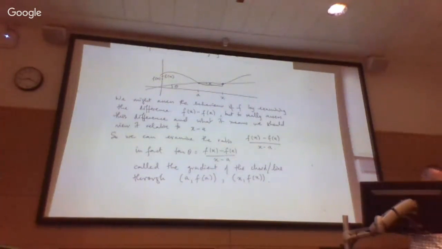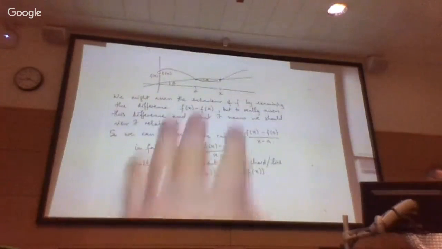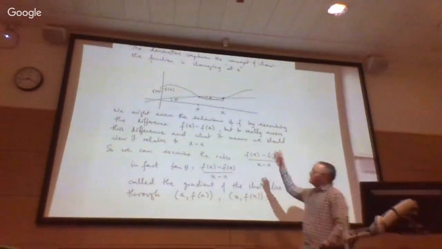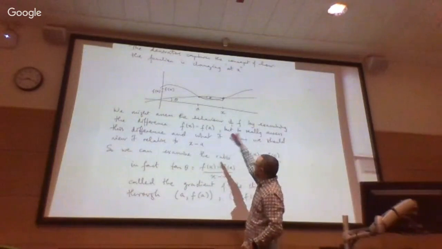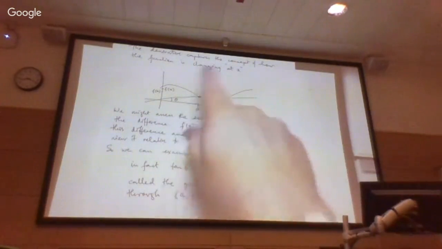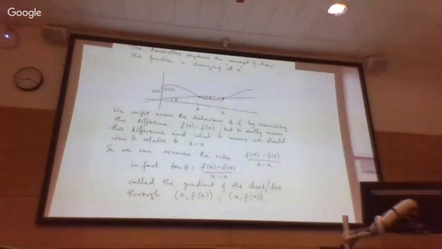But how is this doing at capturing the behavior of the function? Well, it captures the behavior of the function when viewed at the point a and at the point x. But what it doesn't capture is what the function is doing in between a and x.